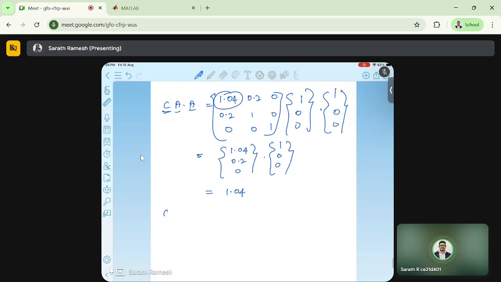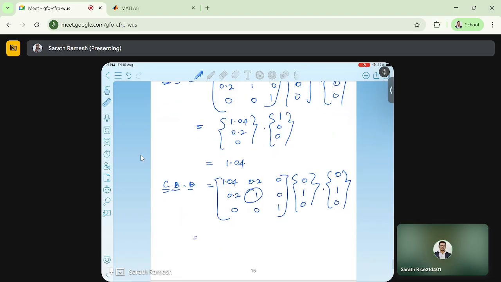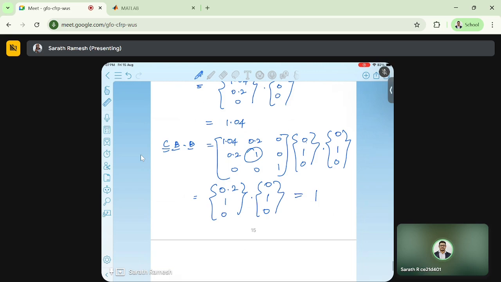And how about CB dotted with B? Now this will give us the YY element. 0, 1, 0 means second column, so the second column dotted with 0, 1, 0 is 1.